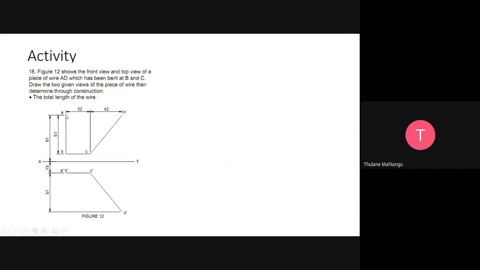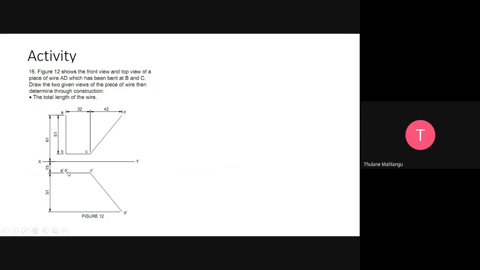To be sure that it is perpendicular to the XY, you have to look in the top view. If you see a dot in the top view, then it means line AB in the front view is the true length. In this case, you can see on the top view there's A prime, B prime, so there's a dot there.